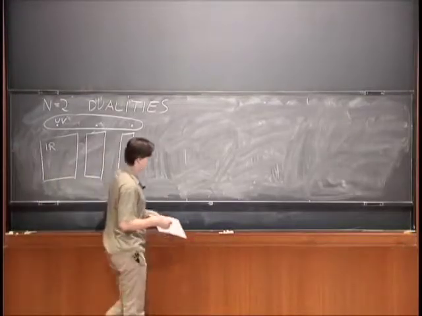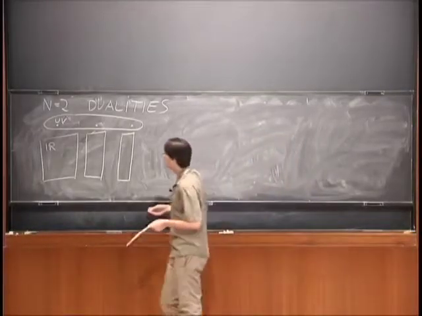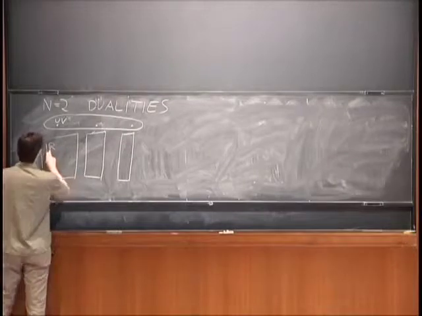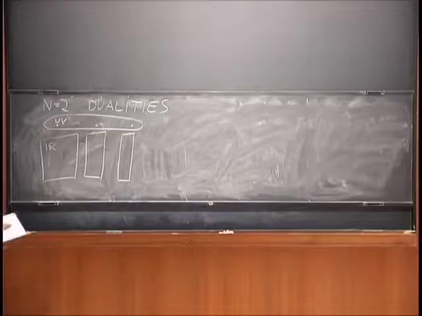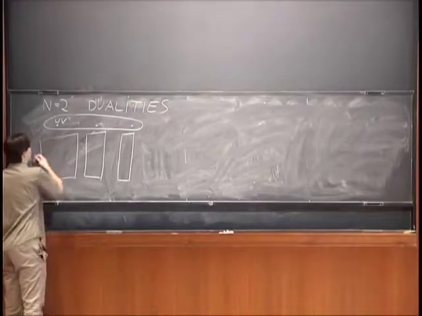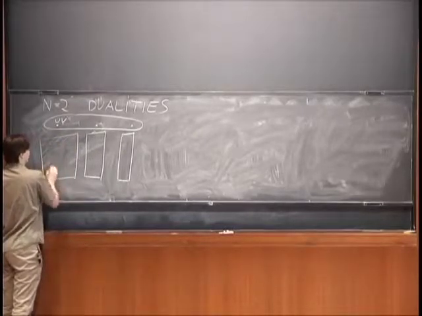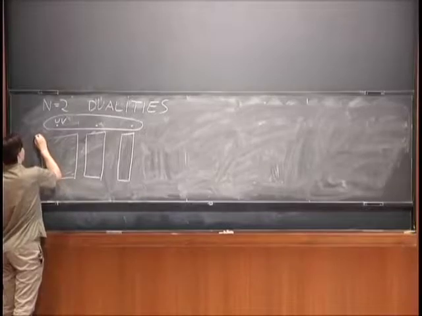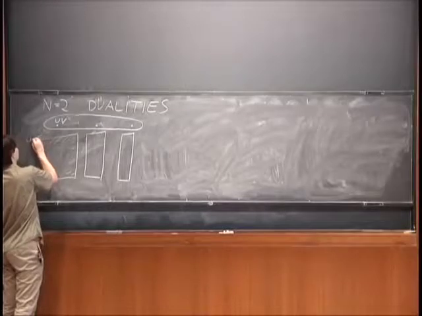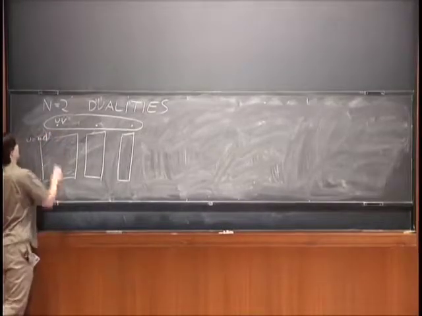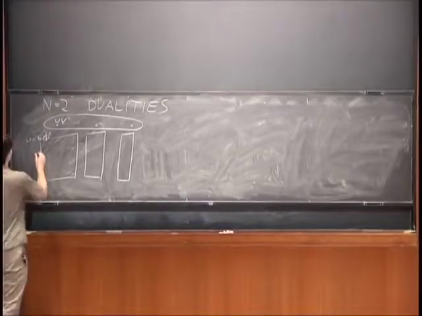Now, to give a better idea of what's going to happen, we can use as an analogy, although incomplete, what you've learned about the infrared theories. So in the infrared theories, you typically started with, say, the pure SU(2) theory. You had a parameter space of vacua parameterized by some holomorphic order parameter, not an exactly marginal coupling, sorry, the trace of phi squared, u, the expectation value of some operator in the theory.